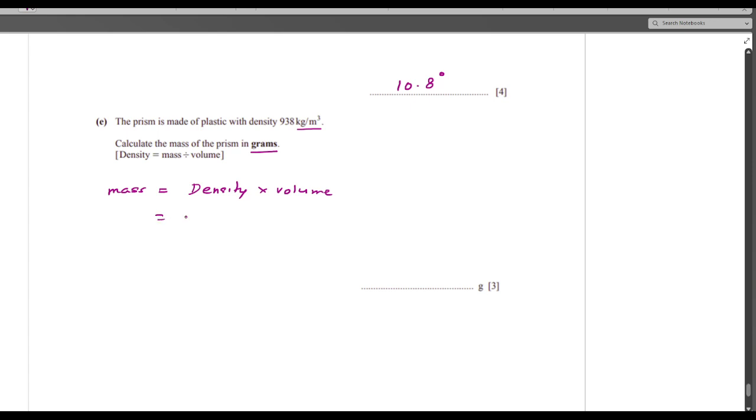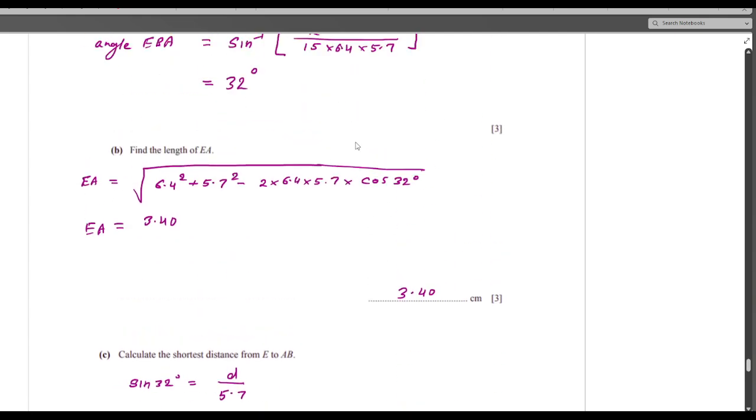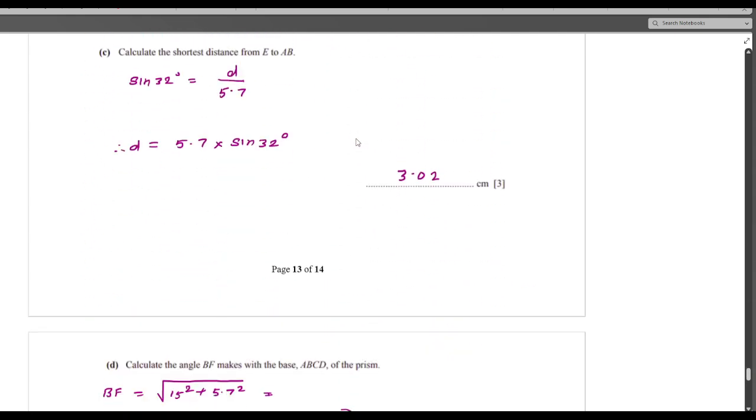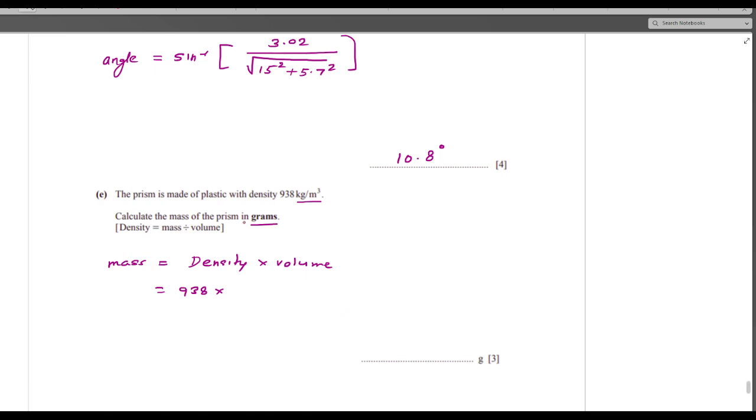Now density is 938, so when I consider 938, my volume should be in meter cube. Here it is 145 centimeter cube. If I convert to meter cube, I have to multiply by 10 power minus 6. And then to convert this mass, which is in kilogram, to gram, I have to multiply by 10 power 3.